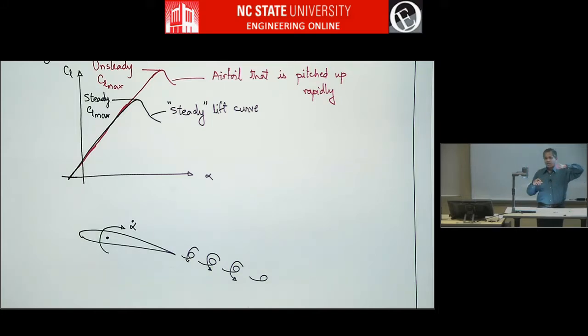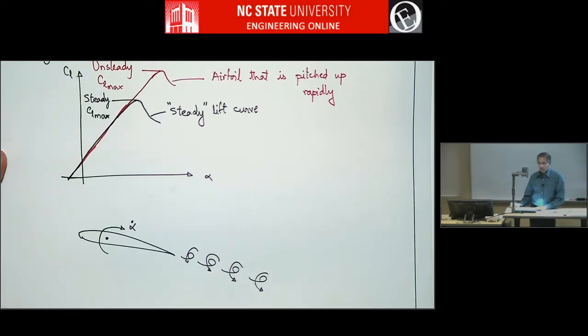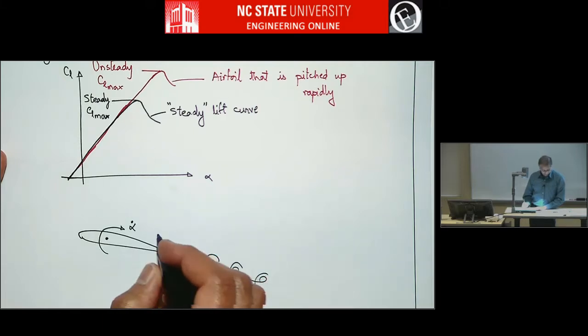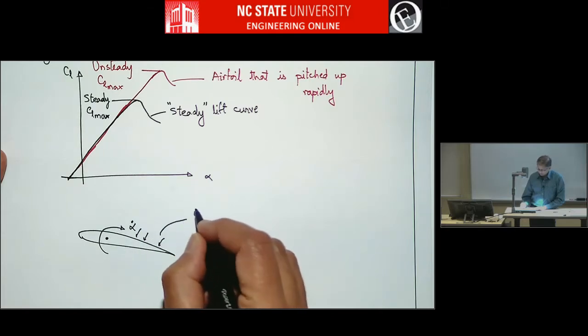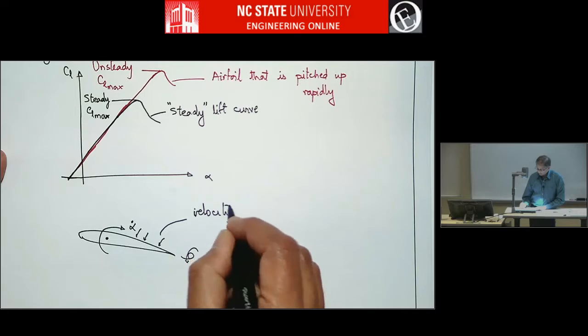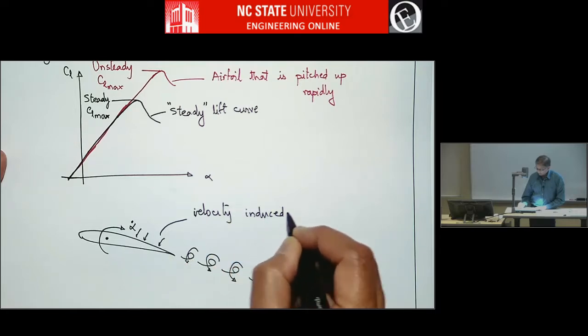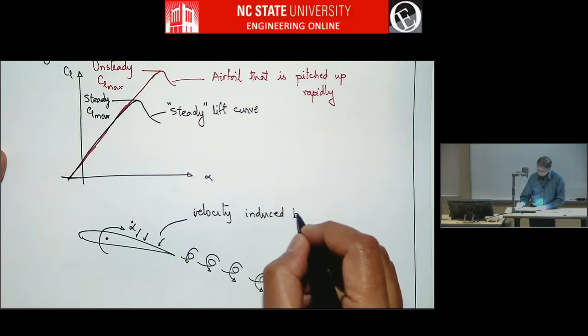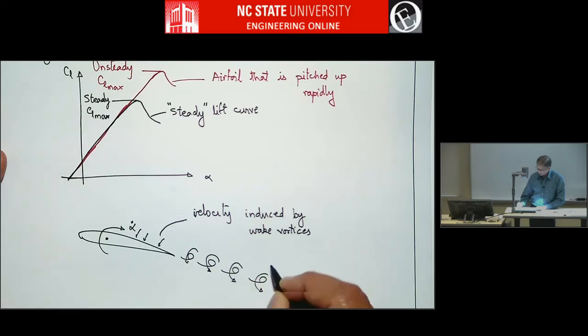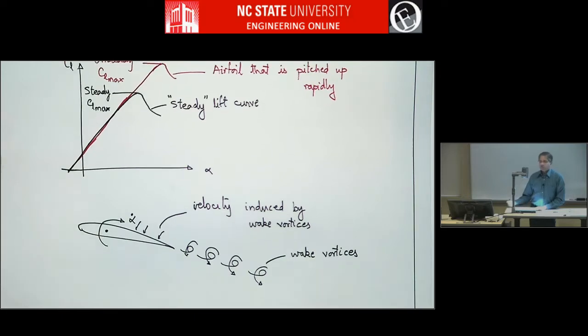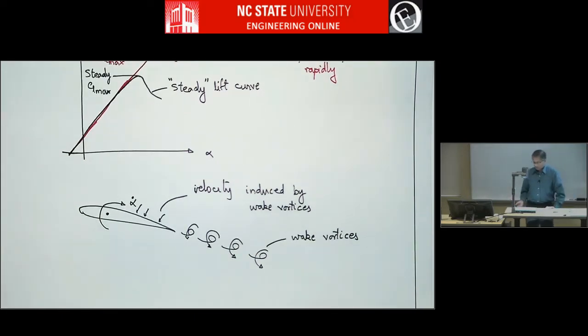But there is a continuous increase in lift, so there's a continuous amount of shed vorticity of this sign in the wake, and this vorticity will cause downwash, an induced velocity induced by the wake vortices. Essentially these are starting vortices, but they're now in the wake.